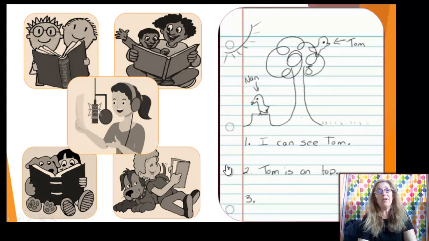So in my story, Tom is a bird, and he is on top of the tree, and Nan is a bird, and she is sitting on a stump next to the tree, and they're not facing the same direction, and that's why they can't see each other. So you can be super creative and do anything that you want to make this story.